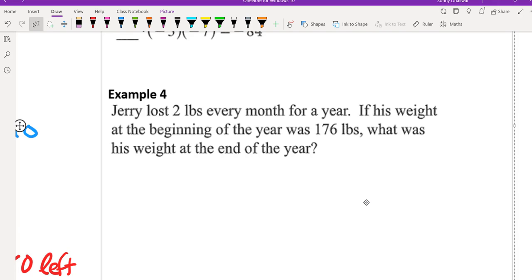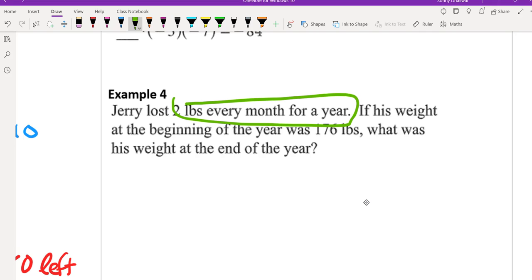Okay. Next question. Jerry lost 2 pounds every month for a year. If his weight at the beginning was 176 pounds, what is his weight at the end? So how do we do that?